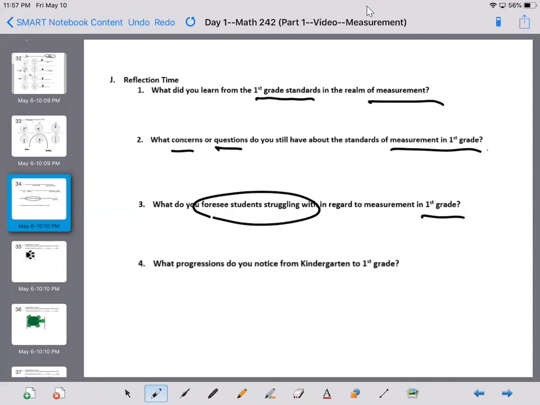And then look, what progressions do you notice from kindergarten to first grade? Progressions are really neat in these types of courses because you can start to see how it builds. And you're not in that tunnel vision of your own classroom and your own grade level. I think, as I close, I think there's a lot of merit and power to understanding the grade levels.